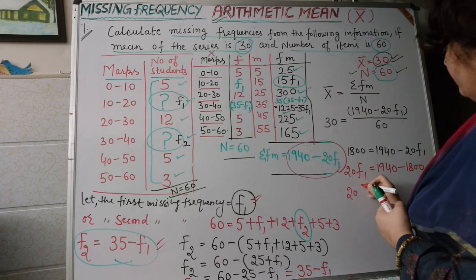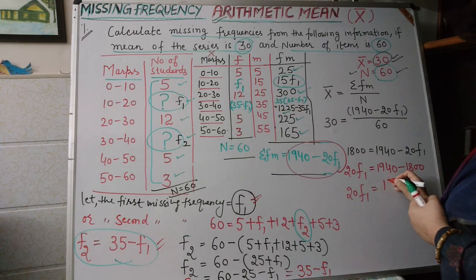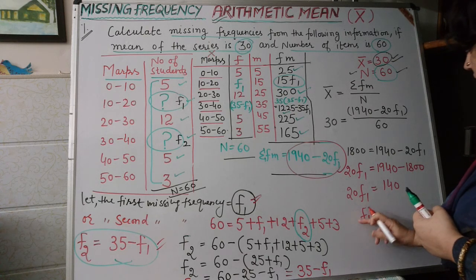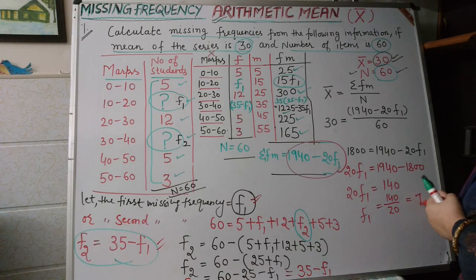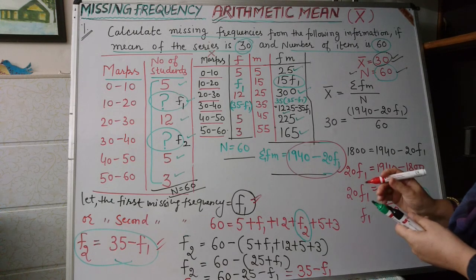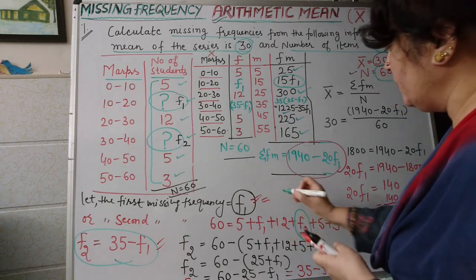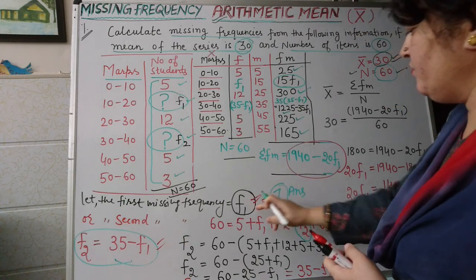So 20 F1 is equal to 140 and the value of F1 is equal to 140 divided by 20, which is 7. This is the answer of F1.